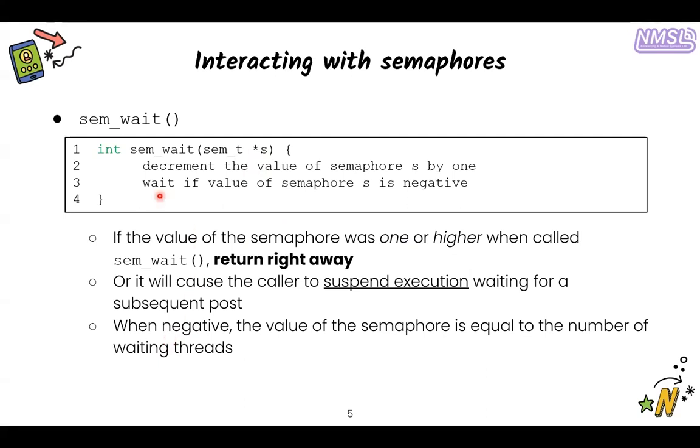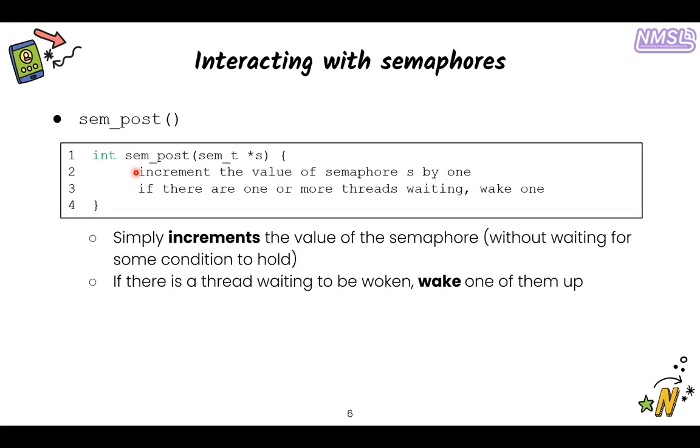Okay, because as we decrement, it means there are multiple different threads waiting for some condition to be met. On the other hand, post doesn't wait for any condition. It simply increments the value of semaphore S by 1. And if there are one or more threads waiting for this to happen, then we go ahead and wake one of them.